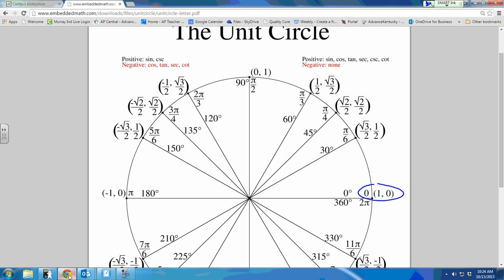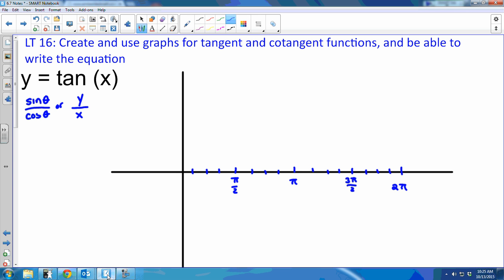So on the first one, back here at 0. Y is 0, x is 1. So what's 0 divided by 1? 0. 0 divided by 1 is 0, so there's a point at 0, 0. That's going to be important a little bit later.